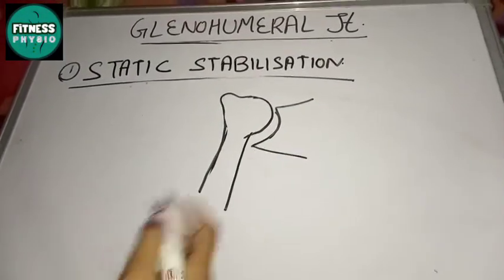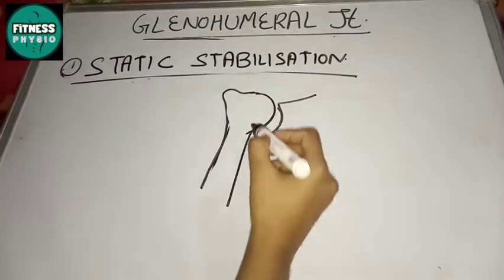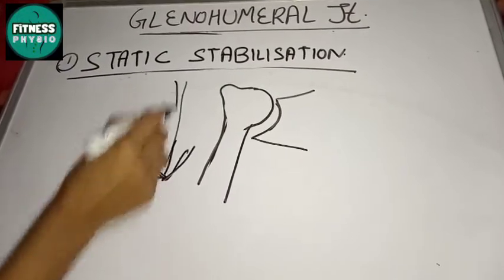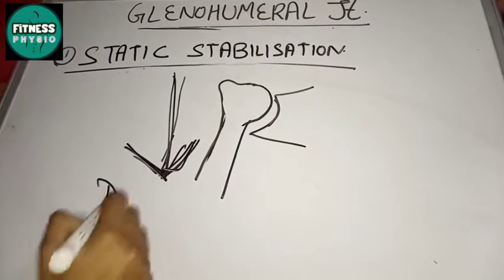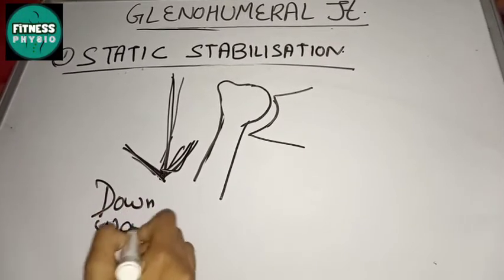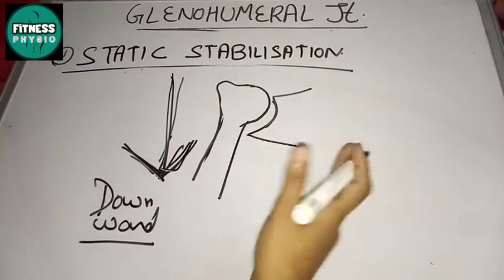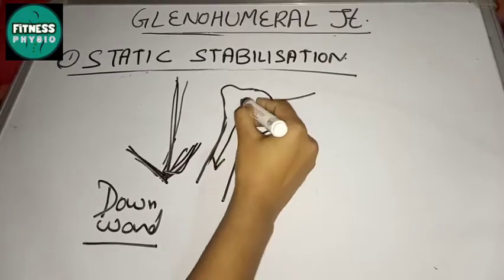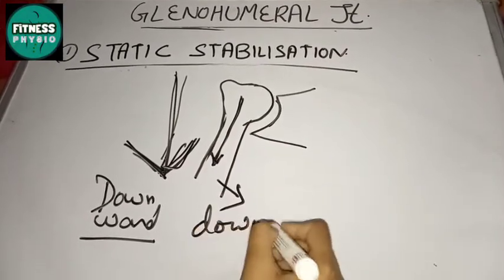What happens when you are standing straight? You know gravity acts in this direction. The force of gravity will always be in a downward direction. If you are standing straight, keeping your arms by the side of your body, gravity pulls your humerus downward.